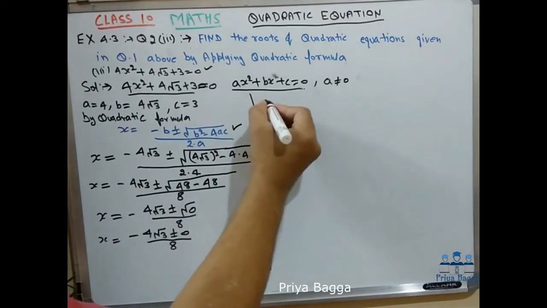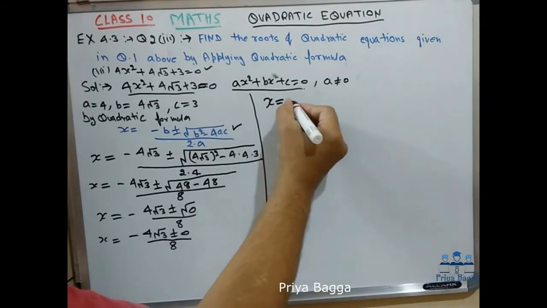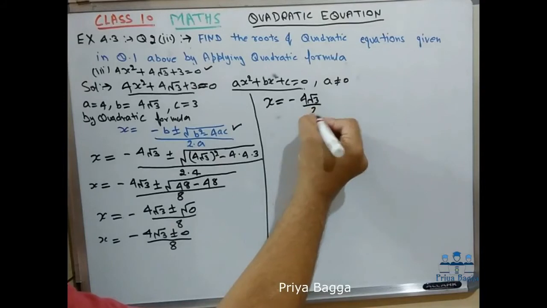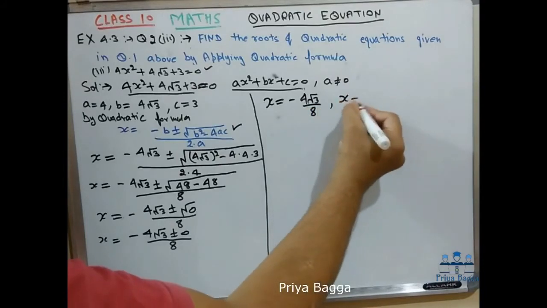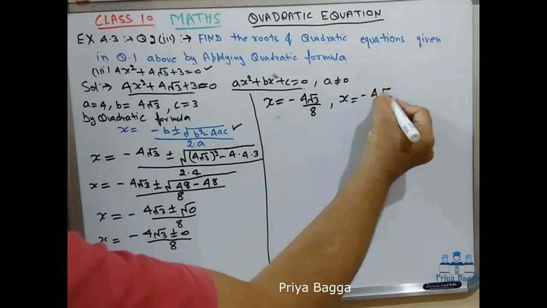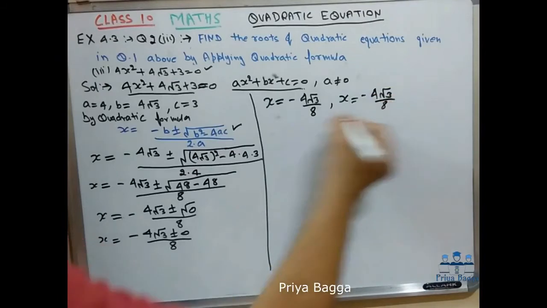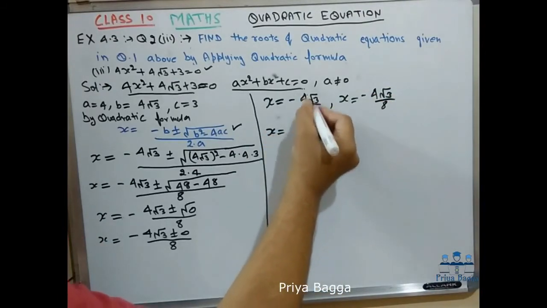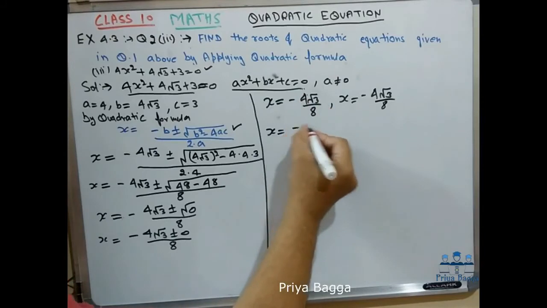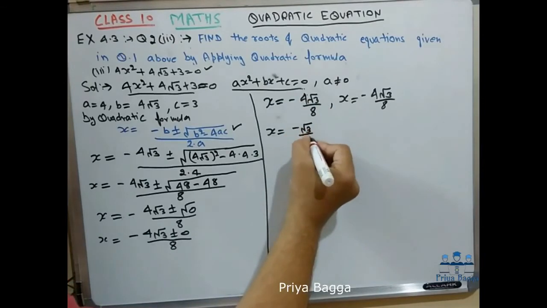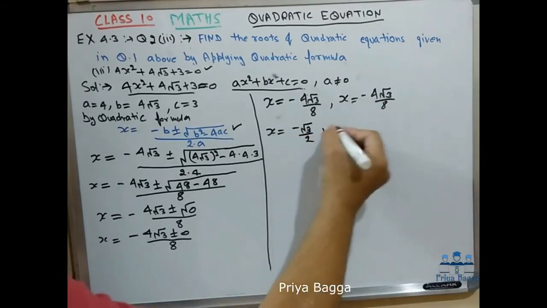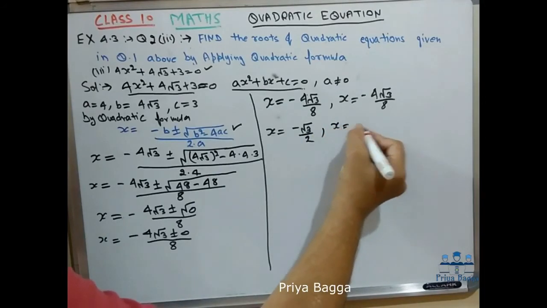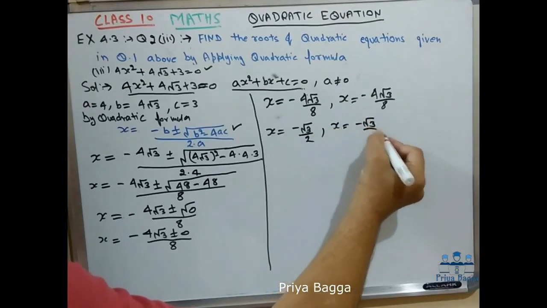So what we can write is that the value of x is equal to minus 4 square root of 3 upon 8, and another value of x is also the same, minus 4 square root of 3 upon 8. So x is equal to, you can cut this, so it will remain as minus square root of 3 upon 2, and this will become minus square root of 3 upon 2.